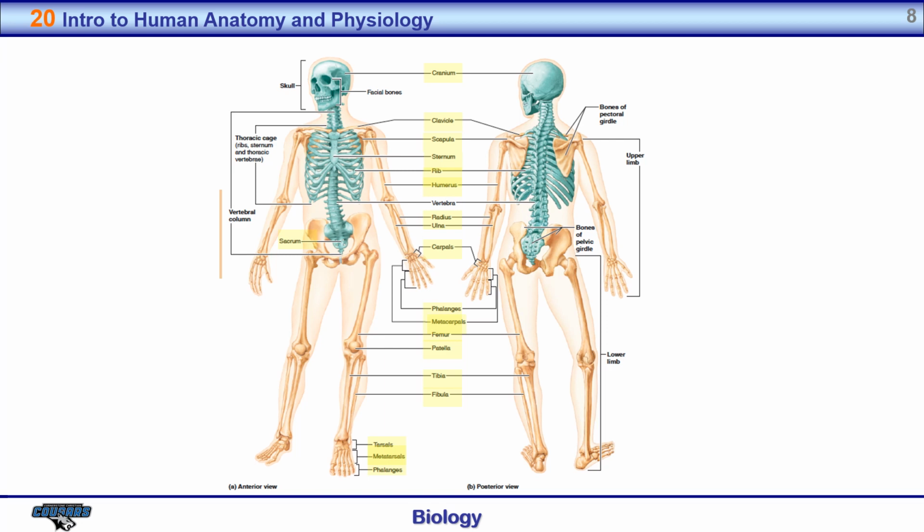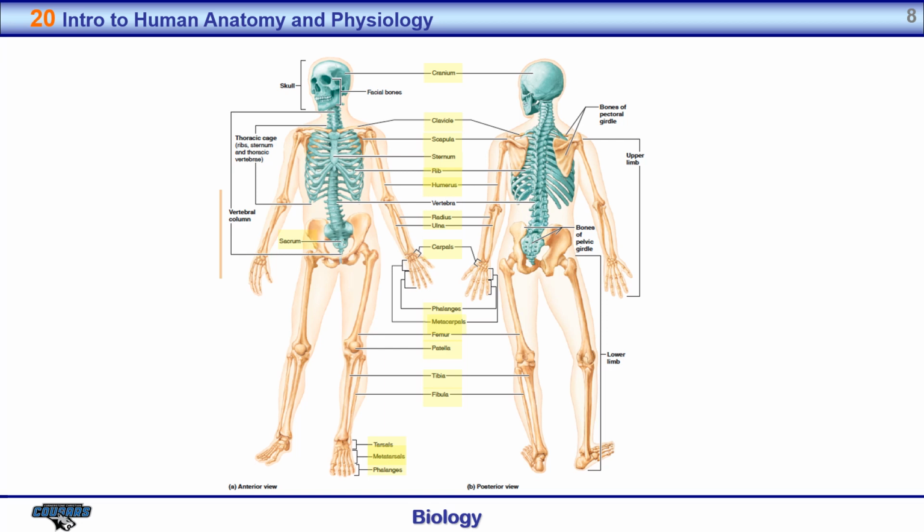Now, the last thing we want to cover today about the skeleton is the axial skeleton and the appendicular skeleton. The axial skeleton is the part that's in kind of a greenish blue or a bluish green, however you want to say that, and that makes up the axial skeleton.